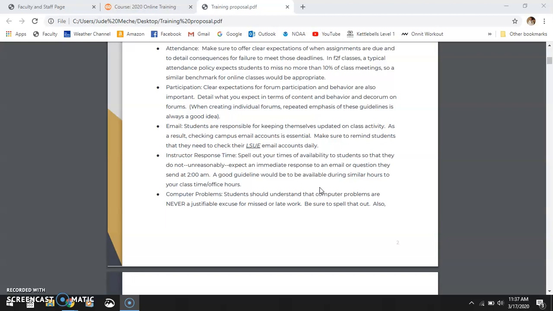Another issue that does come up, sometimes students think in an online class that their instructors are going to respond instantaneously. So instructor response time is something that you need to discuss before the class begins. Spell out the times that you will be available to students so they don't unreasonably expect a response. If a student is working at 2 a.m. in the morning on your class, that's their right. But they don't have the right to expect that you're going to be up and responding to them at 2 a.m. Some of them will expect that.